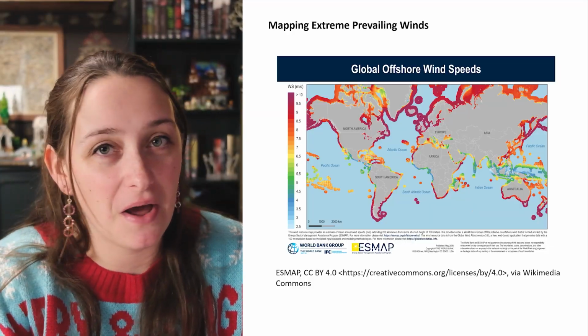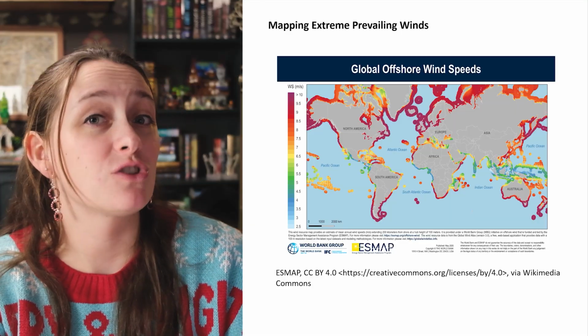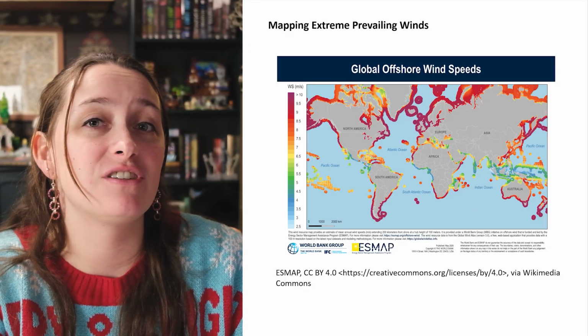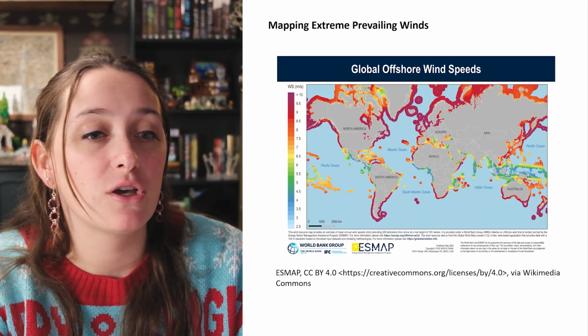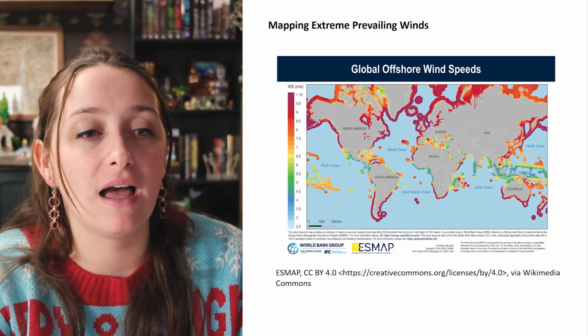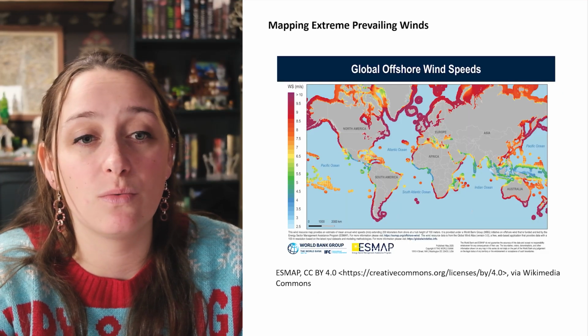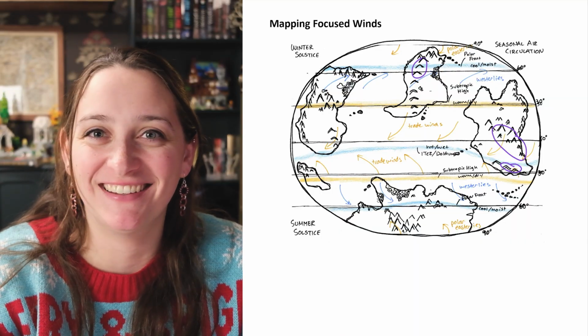But another note on islands with frequent strong sea wind is that the wind will also carry salt, affecting the vegetation in the soil here. So keep that in mind. So you can map coasts where strong prevailing winds collide with the shore, and low-lying areas where strong prevailing winds flow over them. So, funneling.